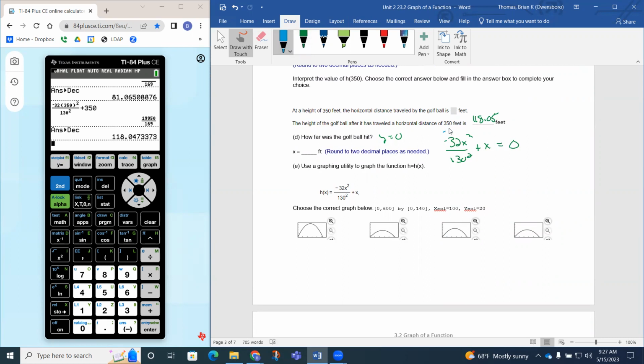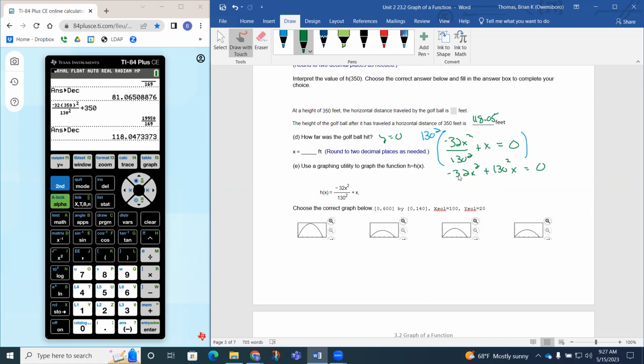Notice that the 130 squares will divide out here, giving me negative 32x squared. And then the 130 squared is going to multiply the x and give me 130 squared times x, and that equals 130 squared times 0, which is still 0.